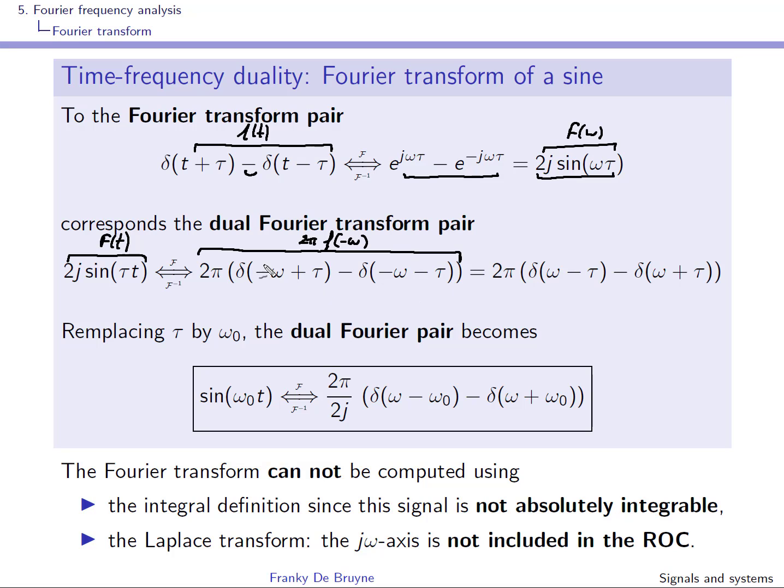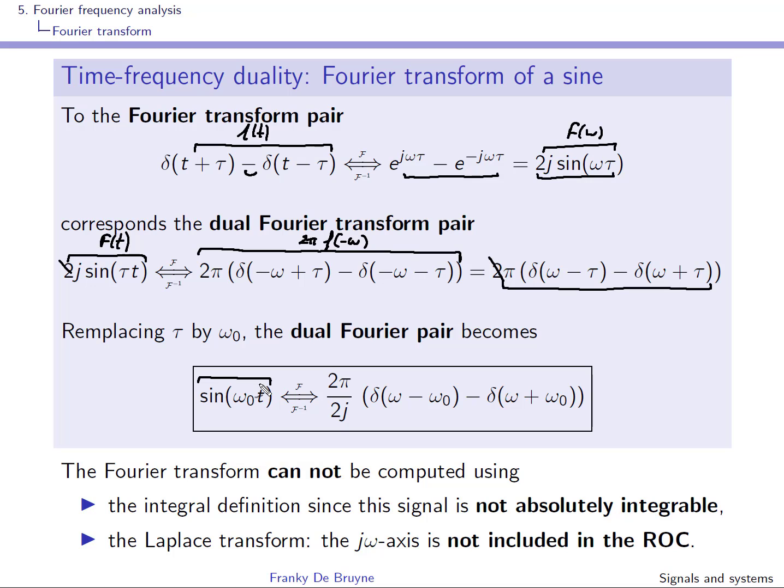This is what you obtain. Again, the delta is even, so you can rewrite it like this. We can divide over here, put the pi here, the j goes below, and we now have the Fourier transform of a sine.